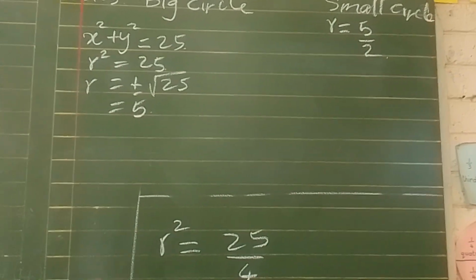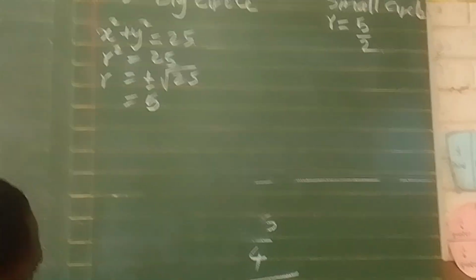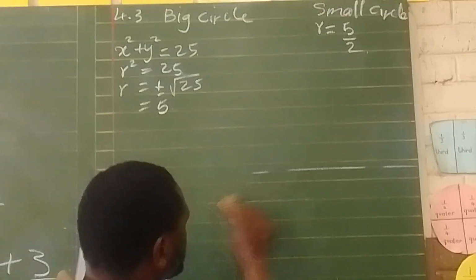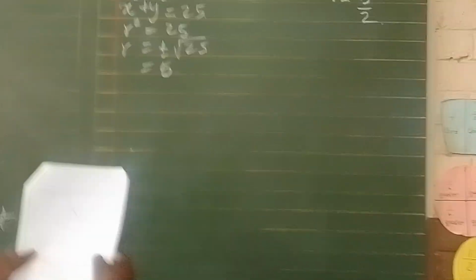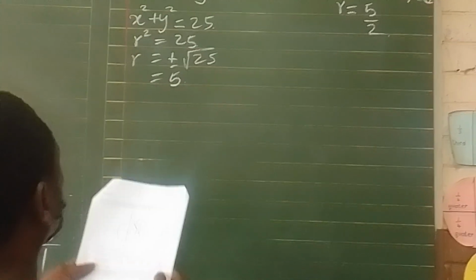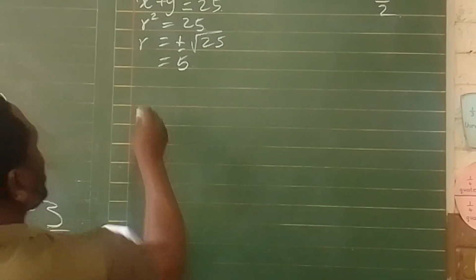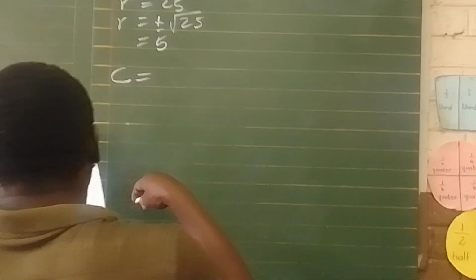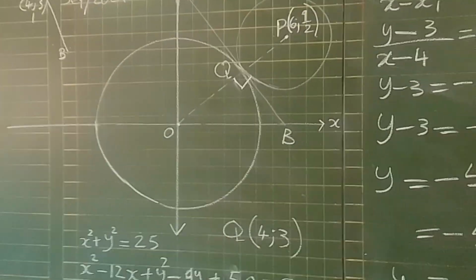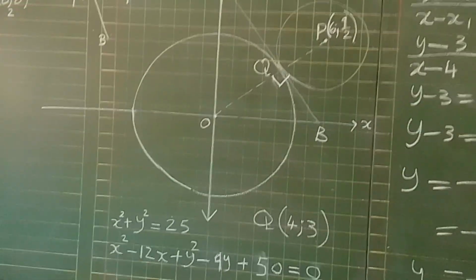Right, I can take this off. This question is worth 4 marks. So you are going to say the circumference of the big circle is going to be, if you talk about circumference, I'm talking about something like this.